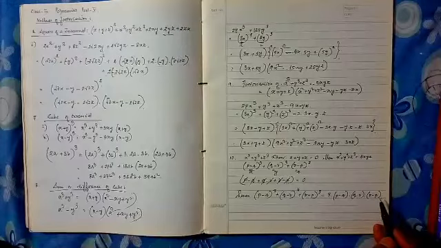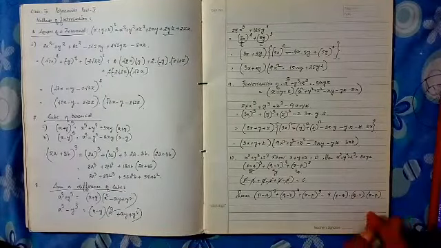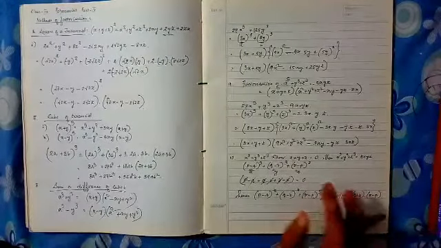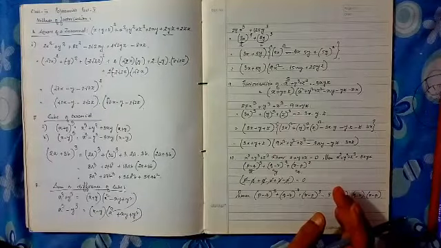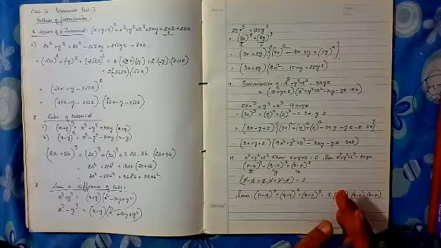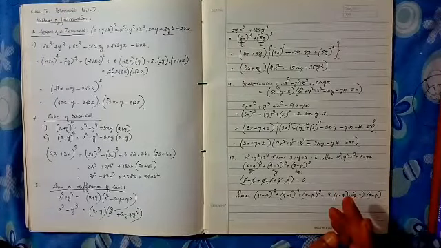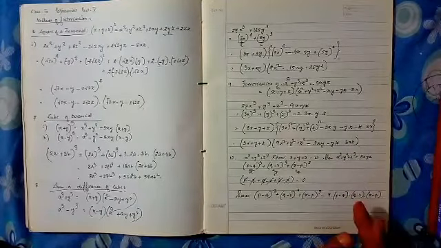So we have factorized the polynomial whenever it is in the form x cube plus y cube plus z cube, when x plus y plus z is equal to 0. Then x cube plus y cube plus z cube is equal to 3xyz.